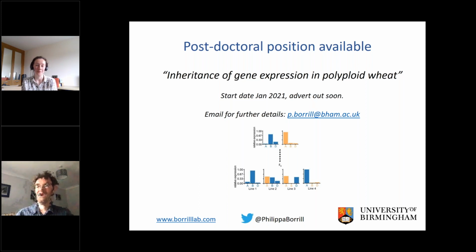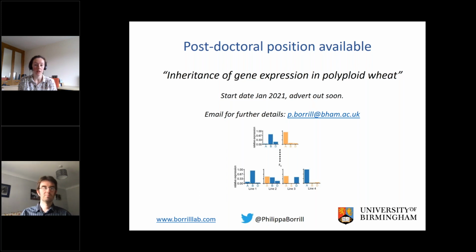So another question from Stuart Sullivan, again thinking about those F6 lines, and he asks if you see any phenotypic differences. I assume you do see quite a lot, but do you see any phenotypic differences which go along with the difference of expression within the triads? So we haven't specifically looked at phenotypic data in these F6 lines and tried to link it to the homolog expression patterns.